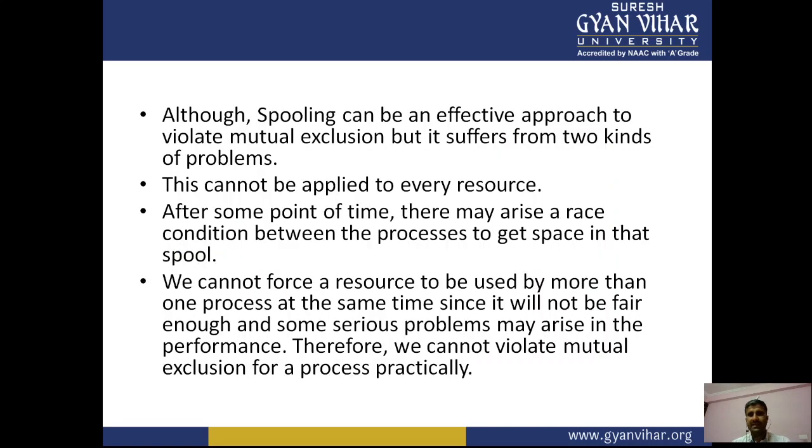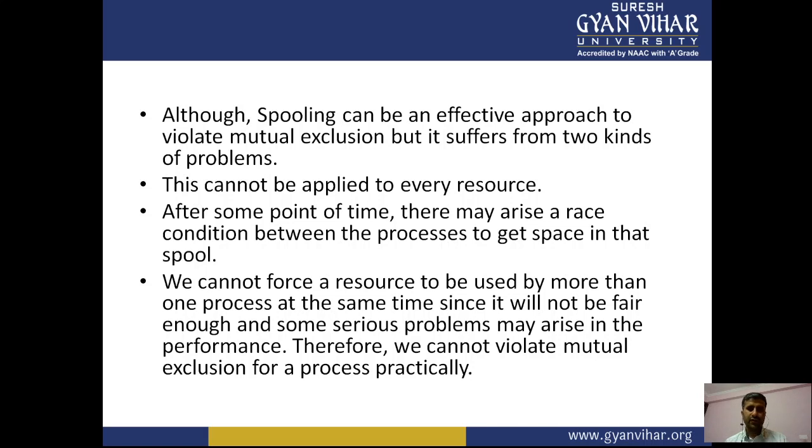Although spooling is an effective approach to violate mutual exclusion, it suffers from two kinds of problems. First, it cannot be applied to every resource. Another is that after some point of time a race condition may arise, which is also a drawback.